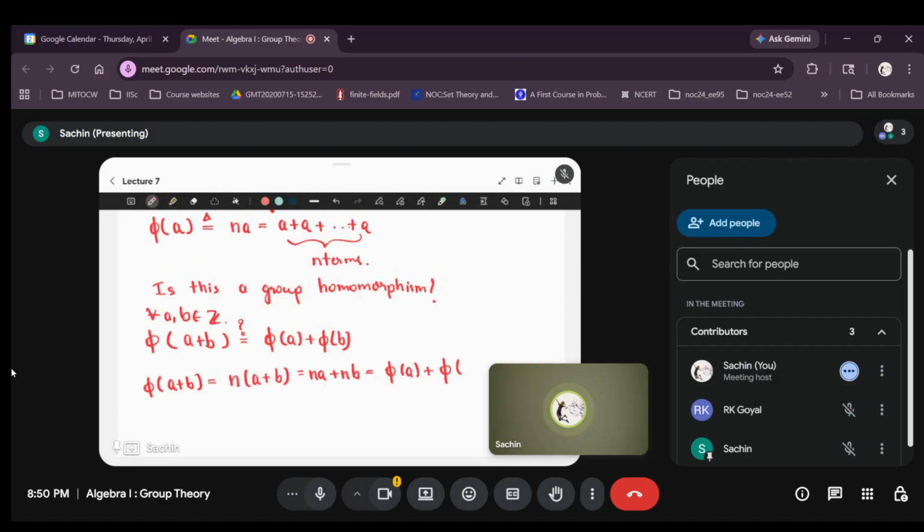So this is a homomorphism. Of course, when you define this, you have to make sure that phi is actually a function.